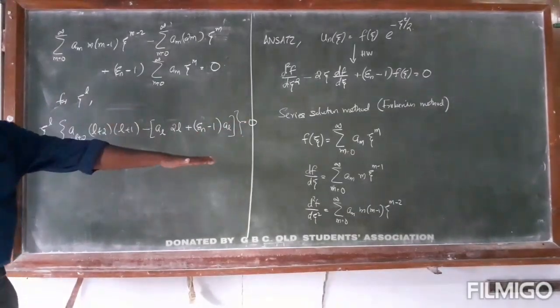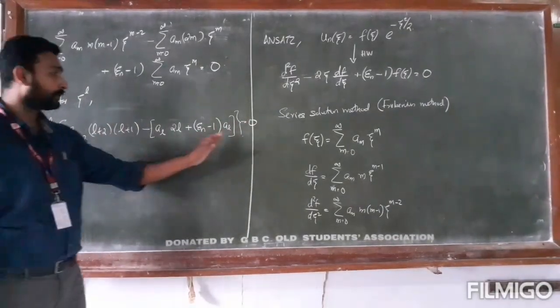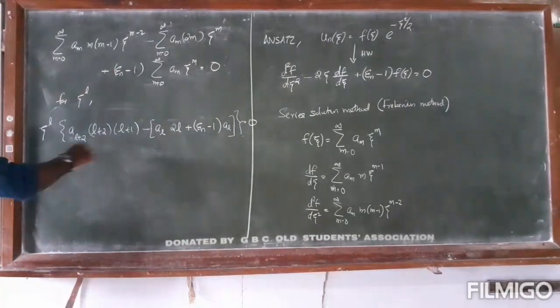You can take theta raised to L out, so that this equation must be 0 independently, and I will get a recurrence relation.